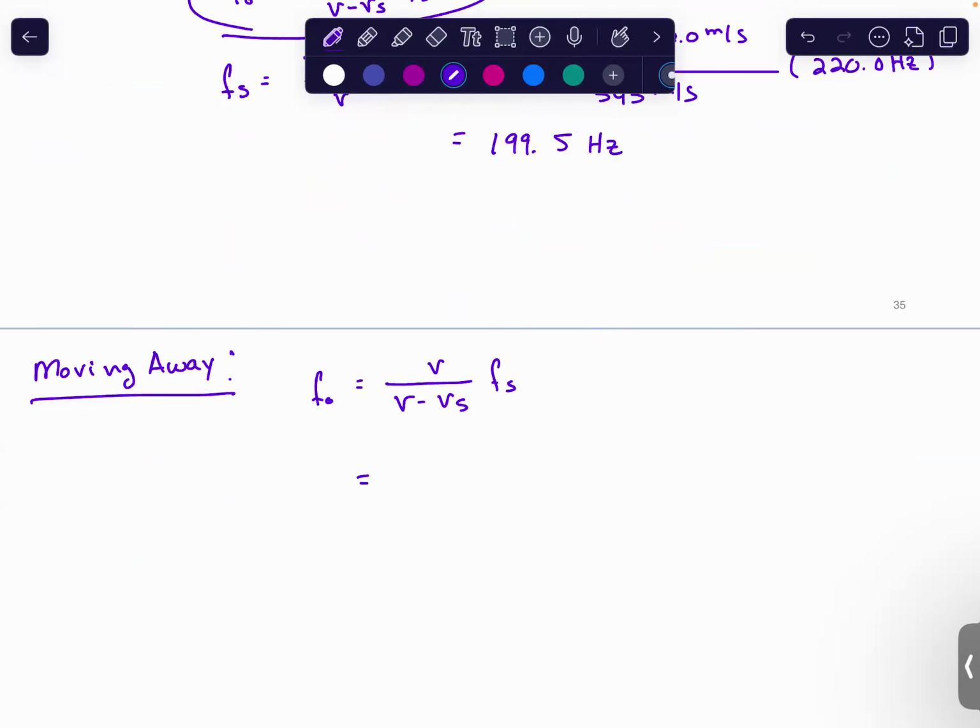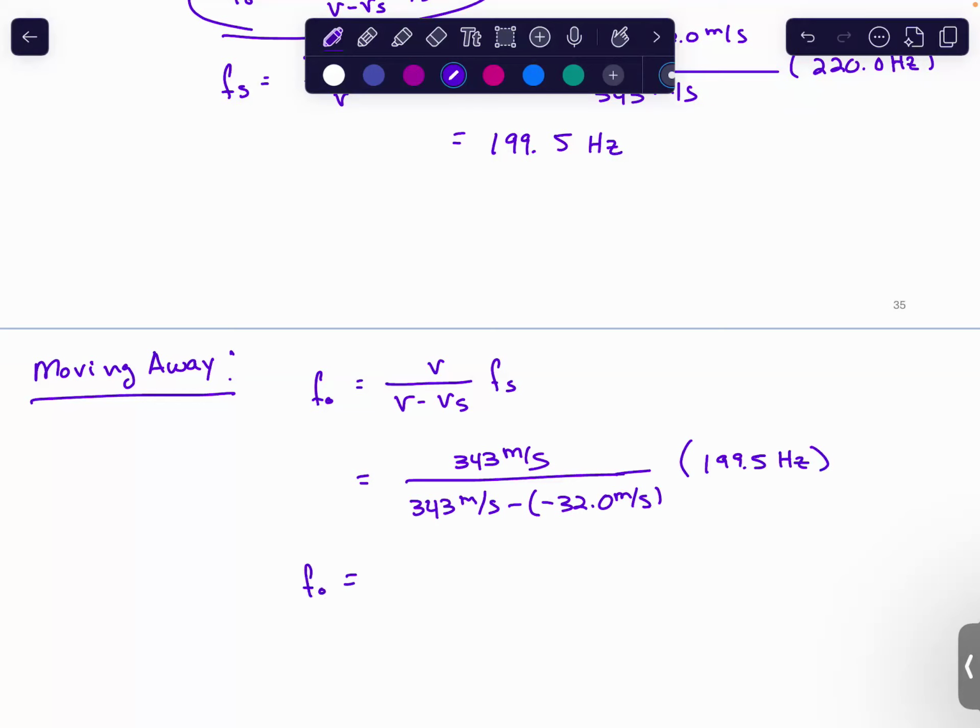Except now they're moving away from each other, so the V sub S is going to be negative. So you have 343 meters per second over 343 meters per second minus a minus 32 meters per second, times your 199.5 hertz.